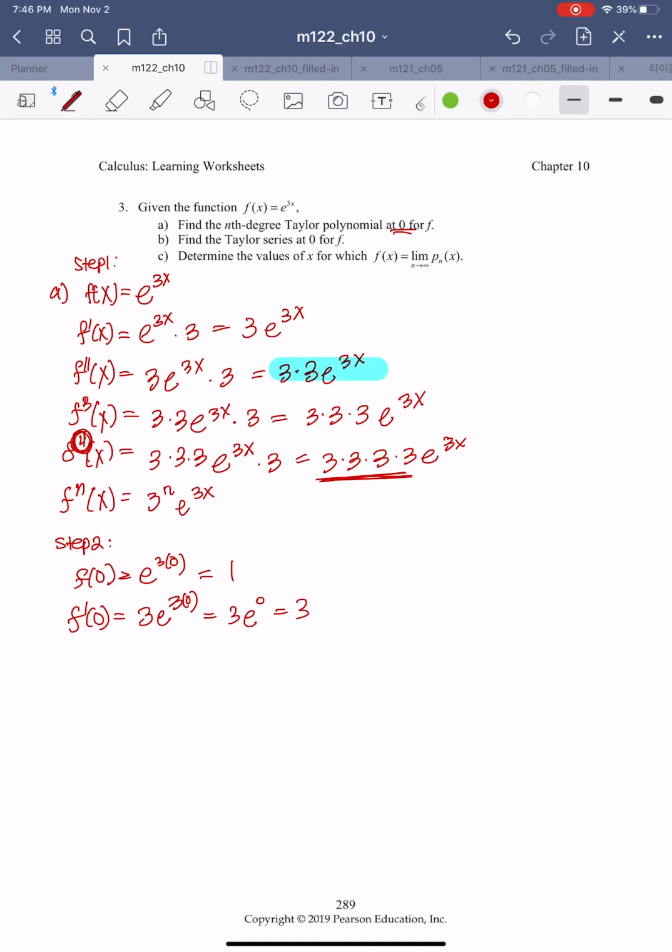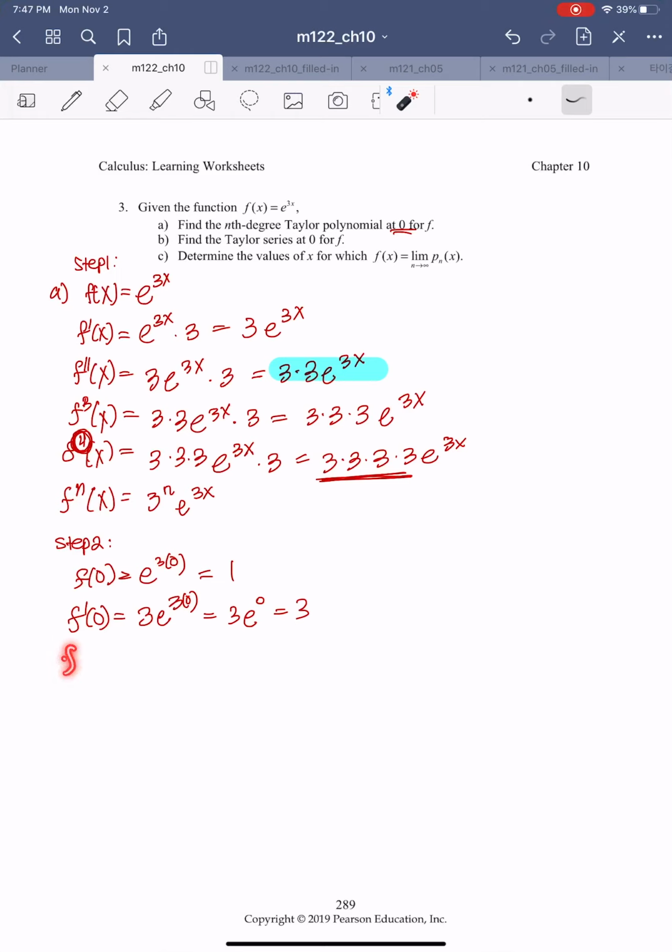So you can kind of see that each one, you're going to have 0 as an exponent, so e raised to the 0 is just going to be 1. So you're basically having 1, 3, 3 times 3 which is 9 for the next one, 27, and then 81, and so on.